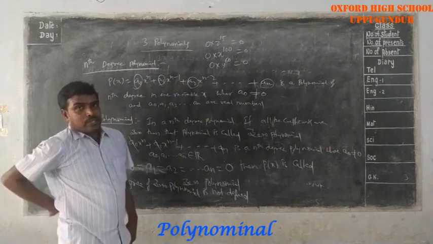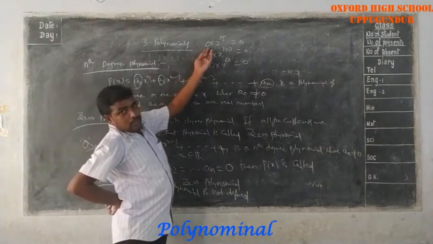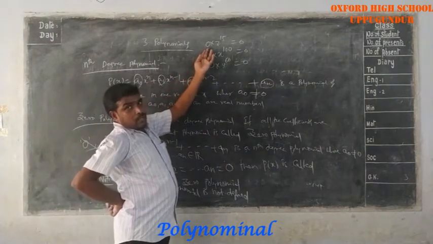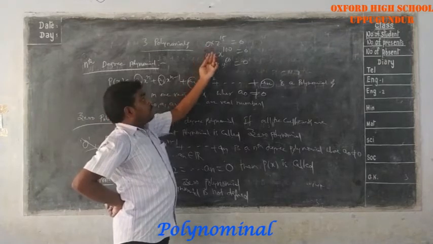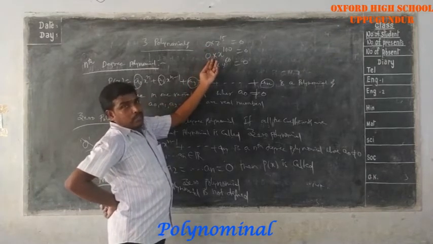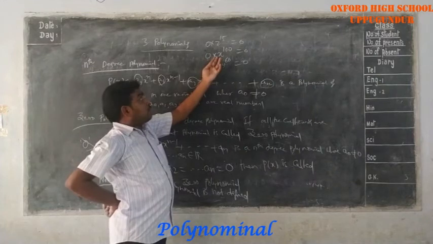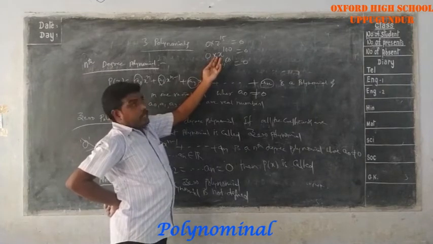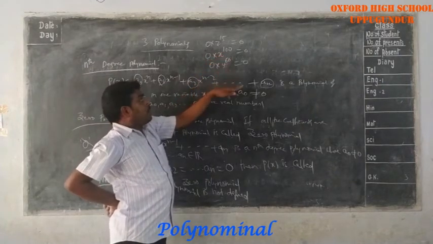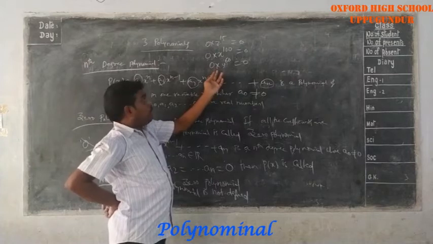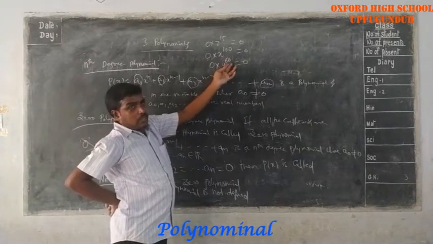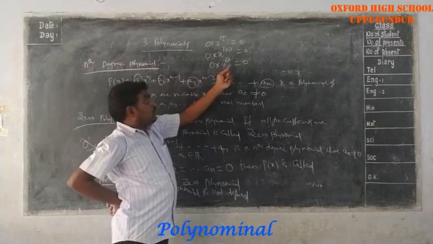Suppose if I am considering 0 polynomial like this, degree is 15. If another one considers 0 polynomial as 0 into x power 100 like this, for him degree is 100. If another person assumes 0 polynomial as 0 into y power 60, for him degree is 60.